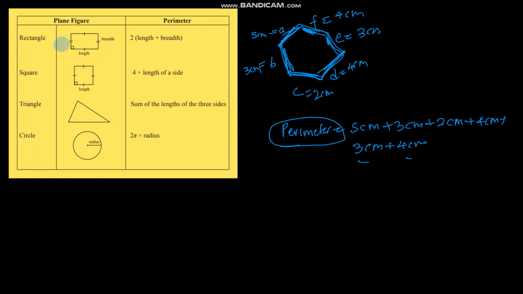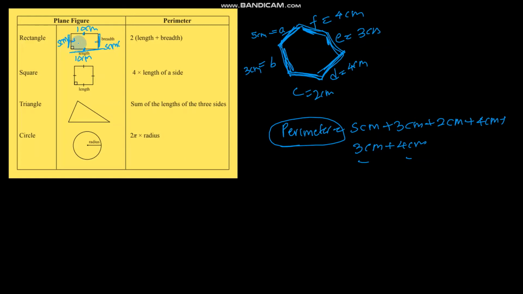One of the features of a rectangle is that this side is equivalent to this side. If the length of this side is 5 centimeters, and this is 5 centimeters, and this one is 10 centimeters, and this is 10 centimeters again, meaning this side is equivalent to this side and this side is equivalent to this side.